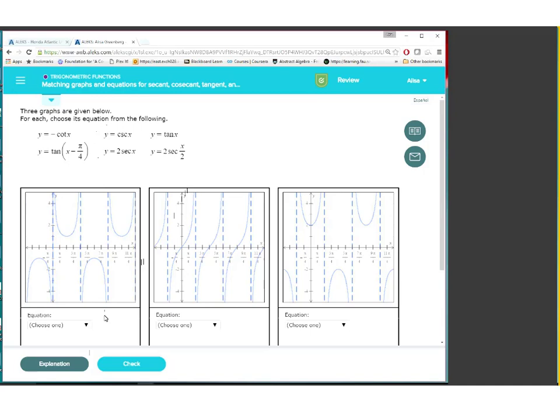Exactly, from the asymptotes. Perfect answer. So, the asymptotes are at 0, and there's another asymptote at pi, and there's another asymptote at 2 pi. Because secant is 1 over cosine and cosecant is 1 over sine, which would give me an asymptote at 0?